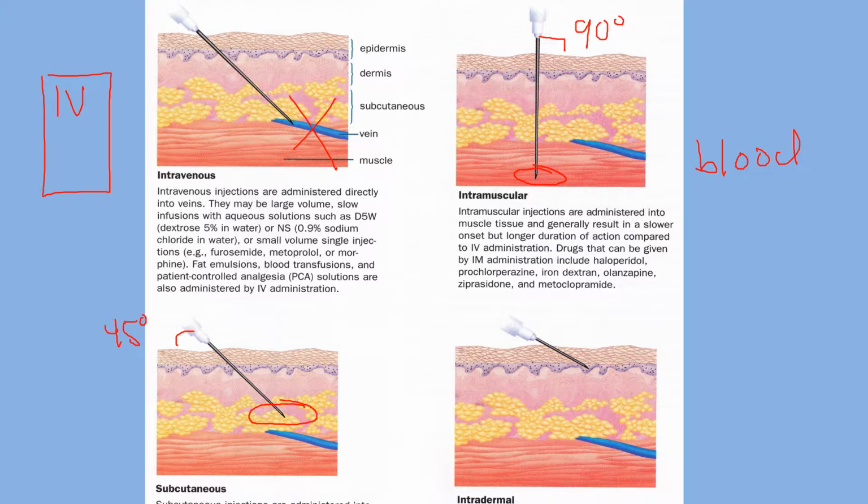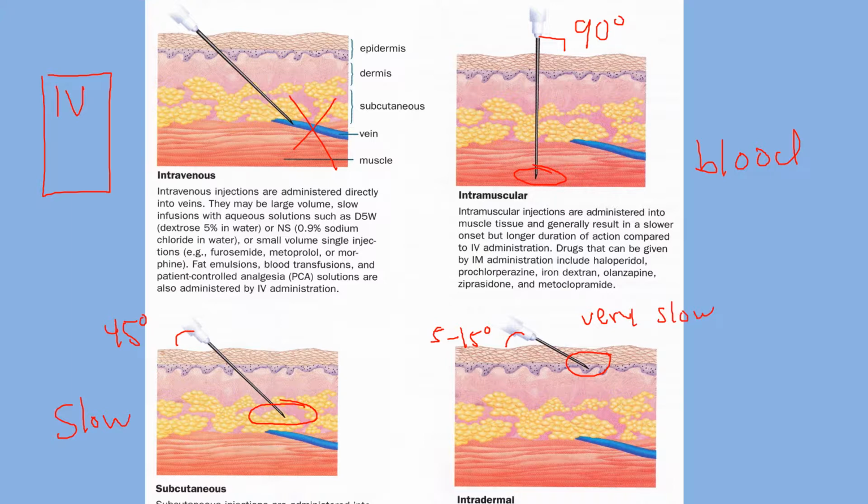Since there is not a lot of blood, this absorption is relatively slow. Intradermal, this angle should be about 5 to 15 degrees, and since there is no blood supply in the epidermis, this one's going to be very slow absorption.